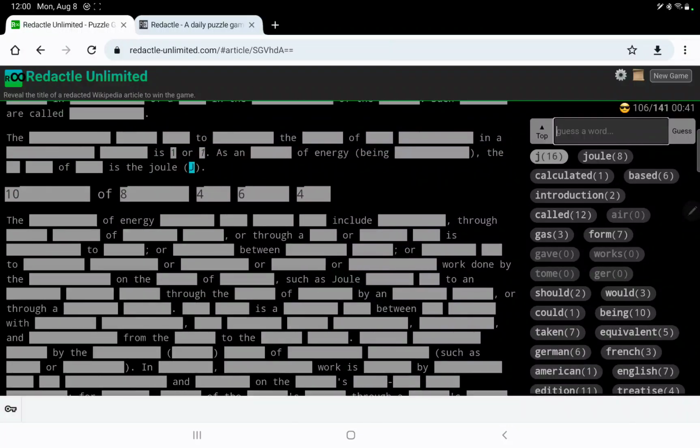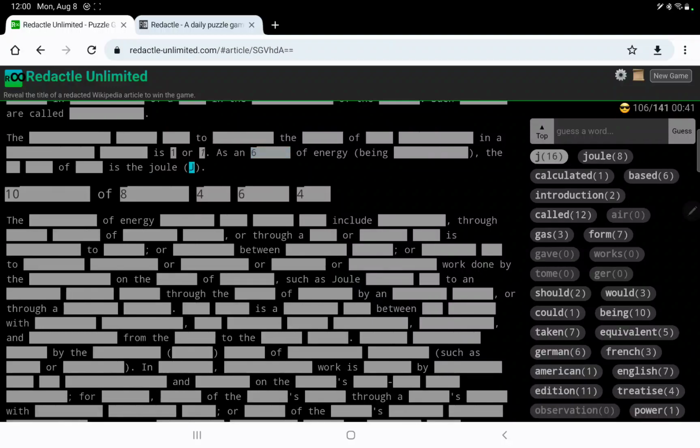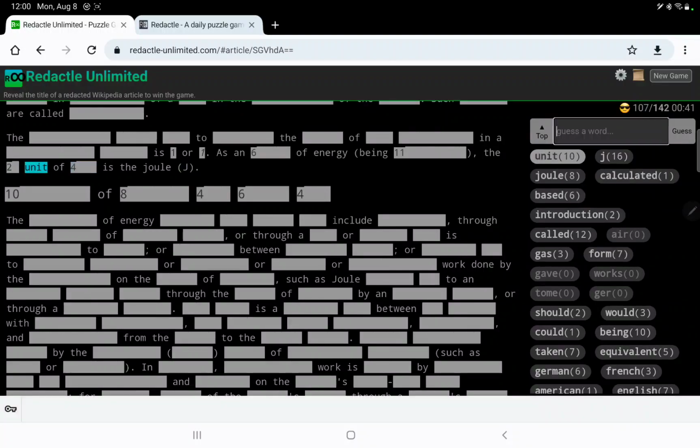Is the joule J. As an 6 of energy being 11, the 2, 4, so the unit of 4. So I would have thought that was the unit of energy.